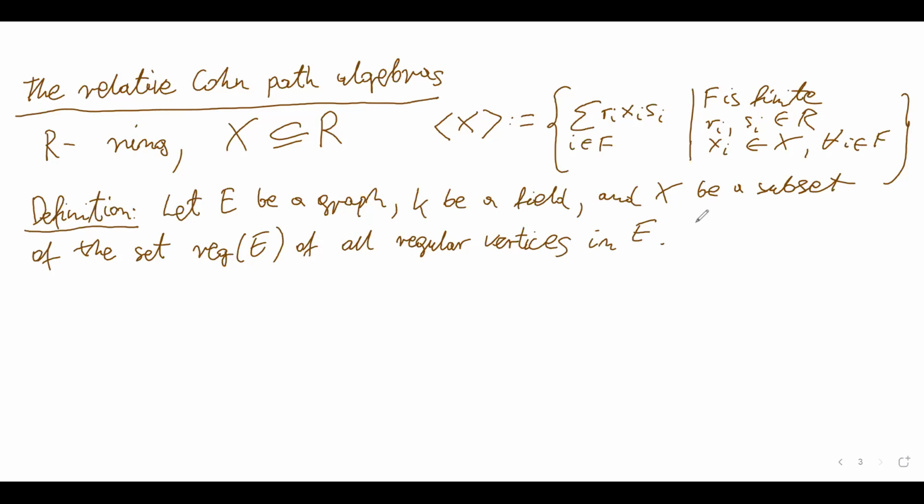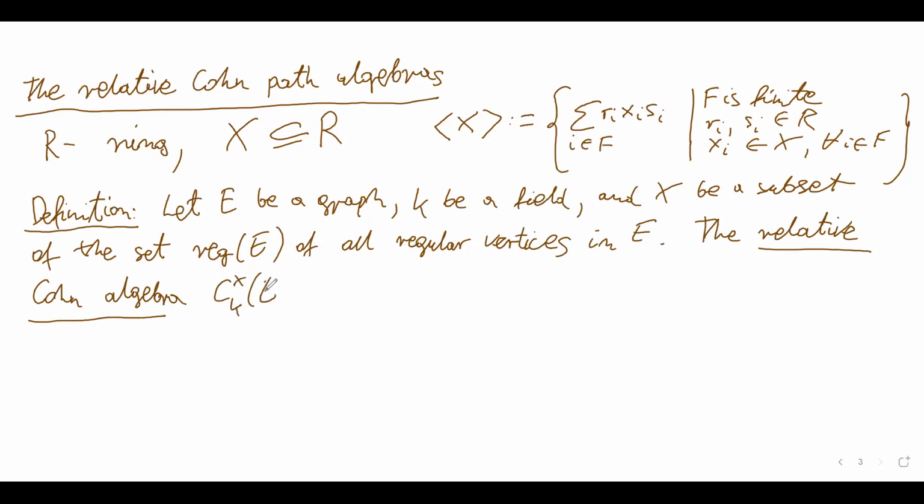Now, the relative Cohn algebra, which we denote as C_K^X of E. The relative Cohn algebra C_K^X of E of the graph E is the path algebra, which I also defined for you, of the extended graph.